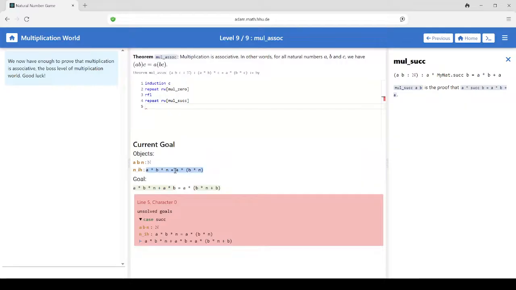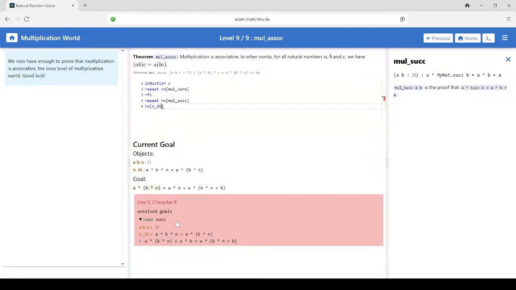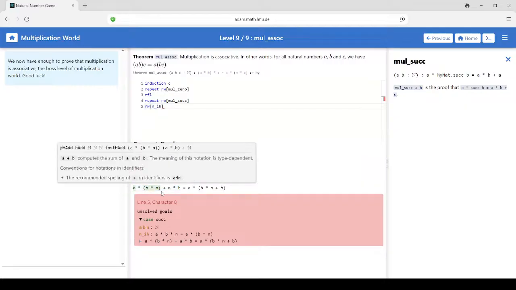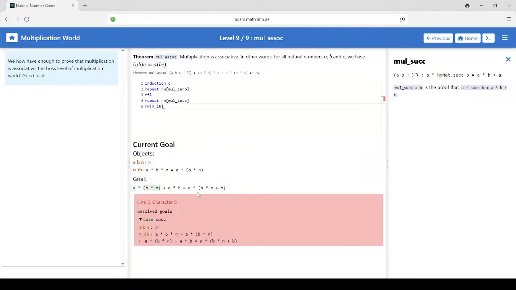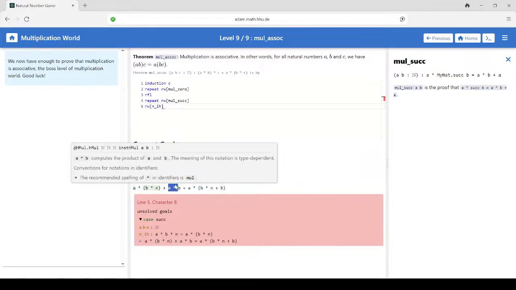I could at least do this. Induction hypothesis. And now we're very similar. We have a times b times n, or we have b times n times a. And here we have b times n plus a. But we've got plus b on this side and plus a times b on this side.